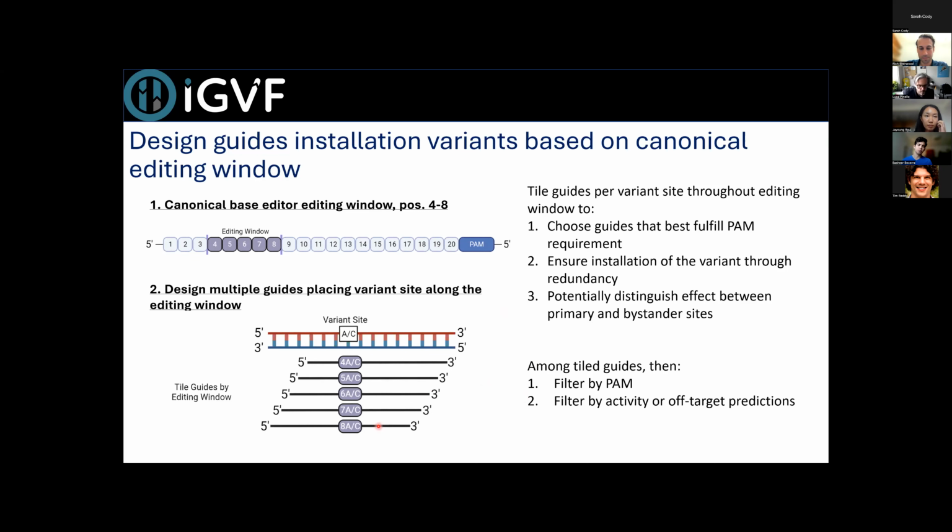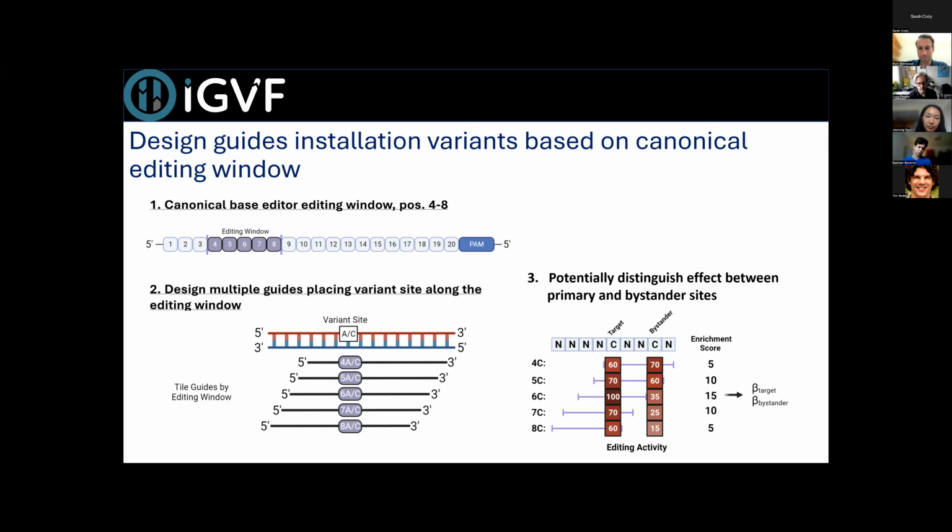And then lastly, you may potentially be able to distinguish the effect between primary and bystander sites. For example, in the schematic here, just imagine we have a target site that we want to install a C to T transition in, as well as a bystander site. And then we have the 5 tiled guides varying by where the target site is within the editing window, so from position 4 to 8.